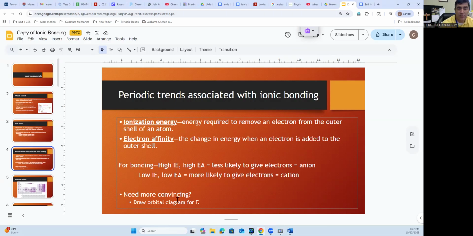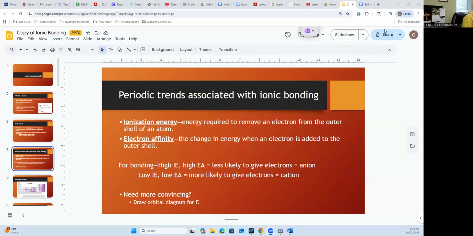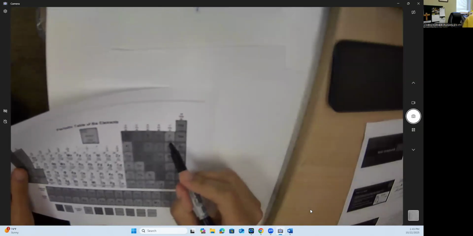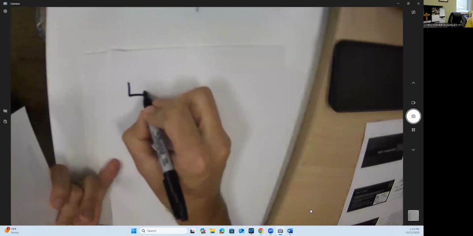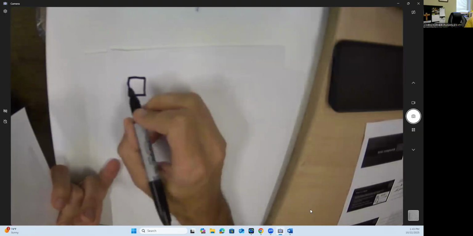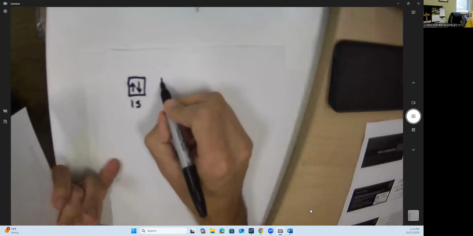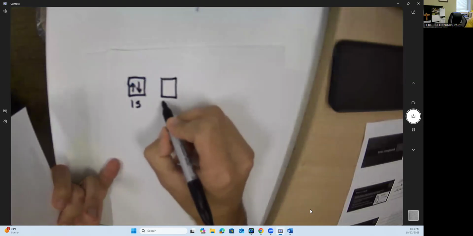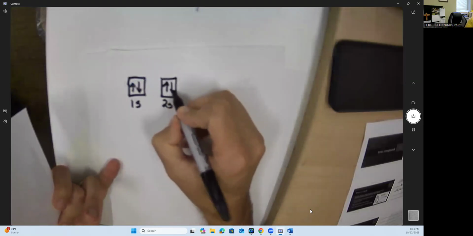And so it says, need more convincing, we're going to draw the orbital diagram for fluorine. So let me pause for a second and we're going to do that real quick. I'm going to show you my screen over here. All right, so here is fluorine. If we do an orbital diagram for fluorine, we've got the 1s orbital, which is filled. We've got our 2s orbital, which has another that's filled.